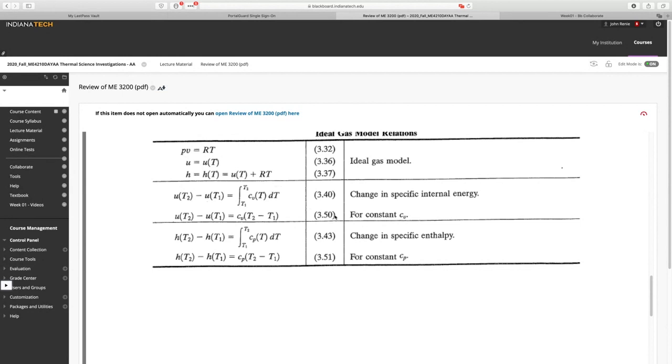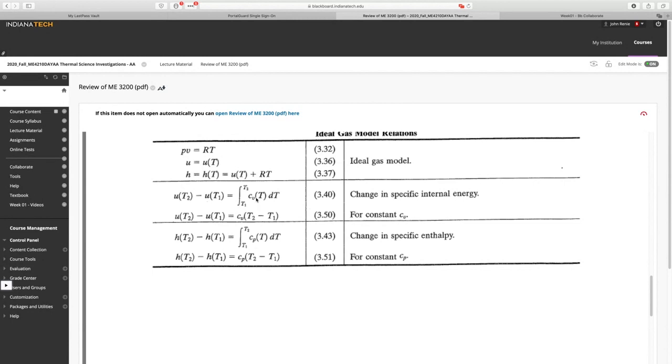The other two properties that we identify in this chapter are what are referred to as specific heats. There is a specific heat at constant volume and a specific heat at constant pressure. Both of those for ideal gases are a function of temperature.